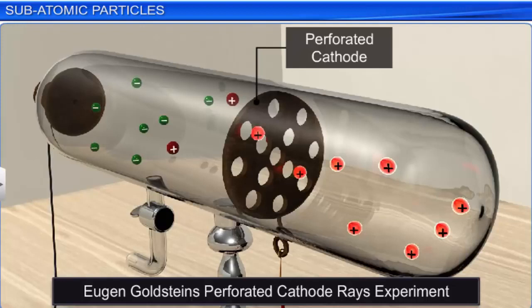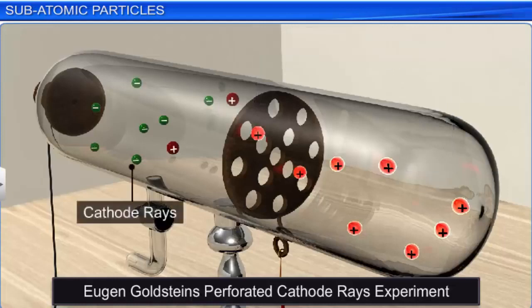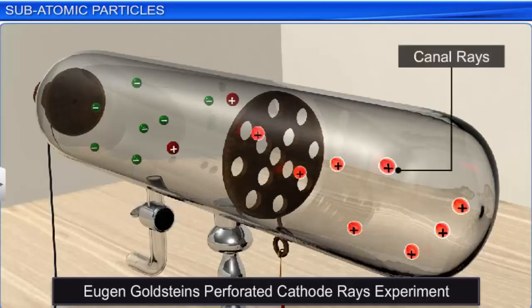He observed that discharge tubes containing a perforated cathode also emit a glow at the cathode end. Goldstein concluded that in addition to the already known cathode rays, there is another ray that travels in the opposite direction. Since these rays passed through the holes or channels in the cathode, he called them canal rays.